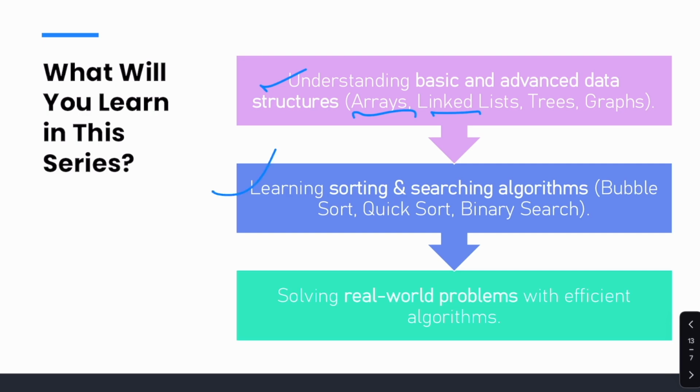Second, we will learn different searching and sorting algorithms like bubble sort, quick sort, binary search, and many more. And then we will solve some real world problems to improve your coding skills. By the end of this course, you will be confident in DSA, whether you are preparing for interviews or building software applications. These are the topics we will cover in the upcoming videos.